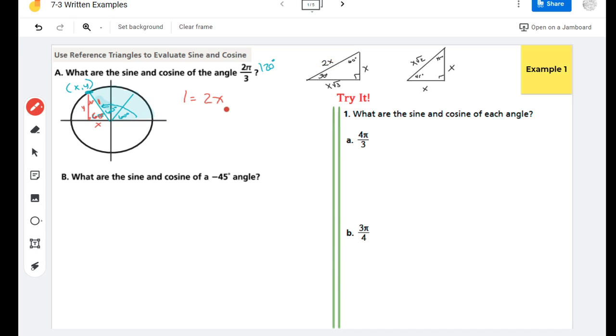Alright, so that means that if I divide by 2, my short side of my triangle, which happens to be my x value, is 1/2, because that short leg is half of the length of the hypotenuse.